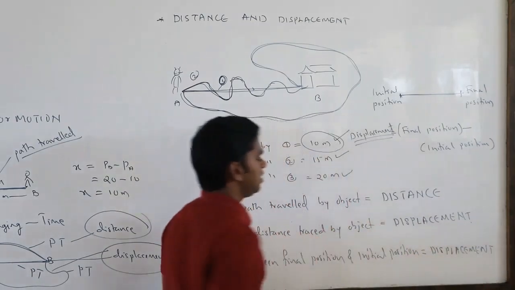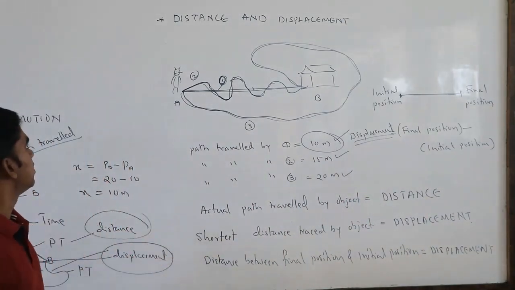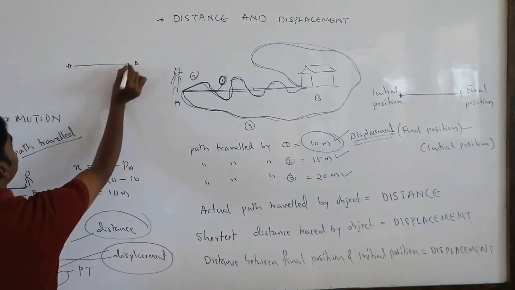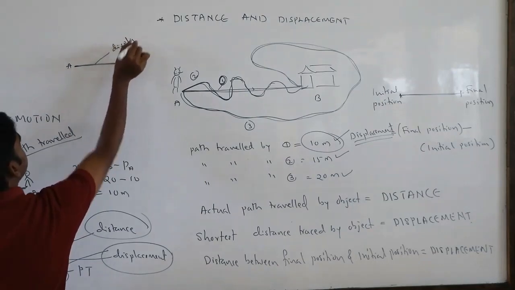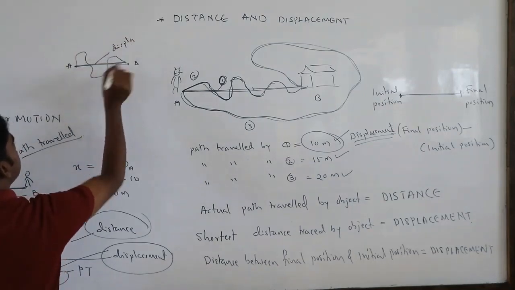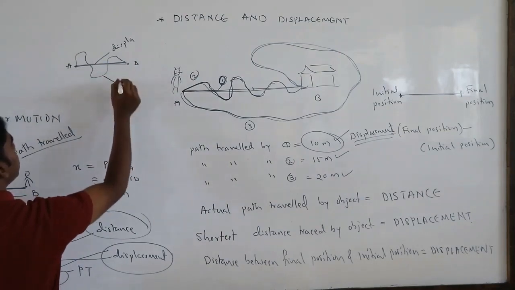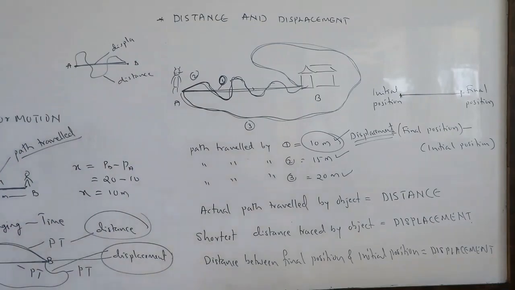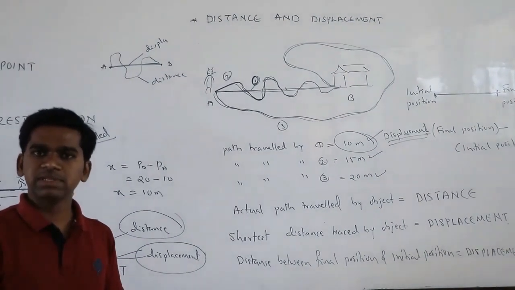So whichever you are comfortable with, you can follow. Only thing is, suppose A is here, B is here. The shortest distance between them is displacement, and any other paths taken by the person or object are called distance. Then you may ask, is there a possibility that distance equals displacement?